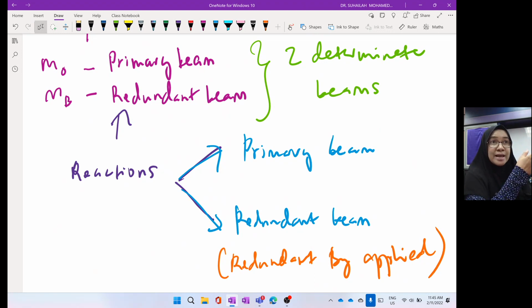Moment is an internal force, right? The moment equation depends on the redundant, on the reaction. So in order to write the moment equation, we must calculate the reaction first. Without reaction, we cannot have the moment equation.